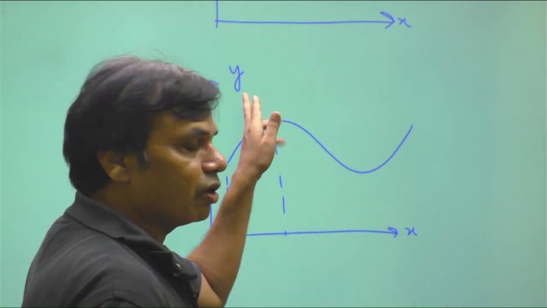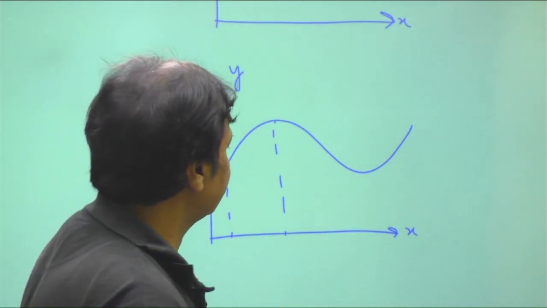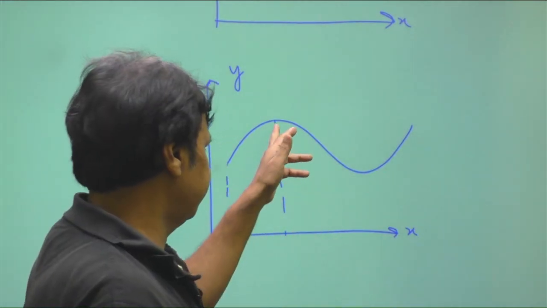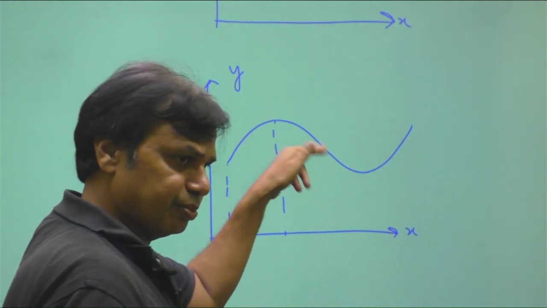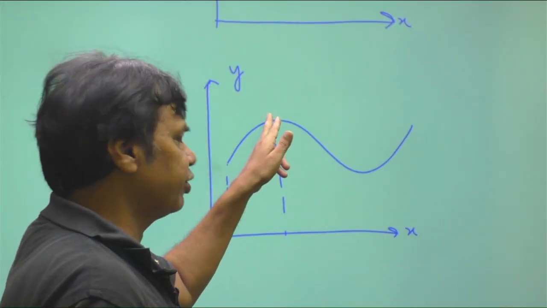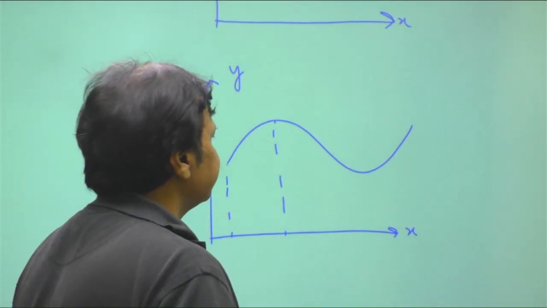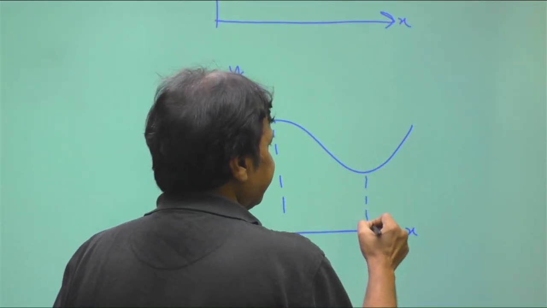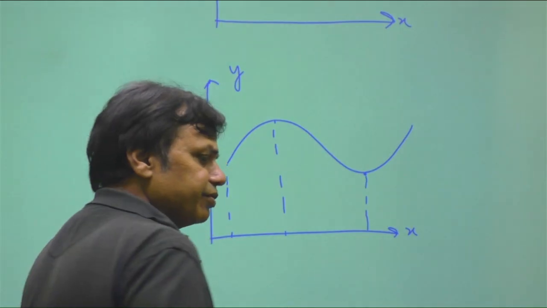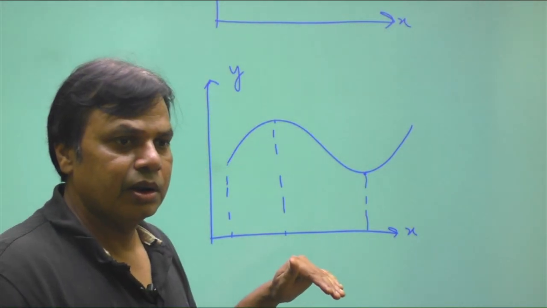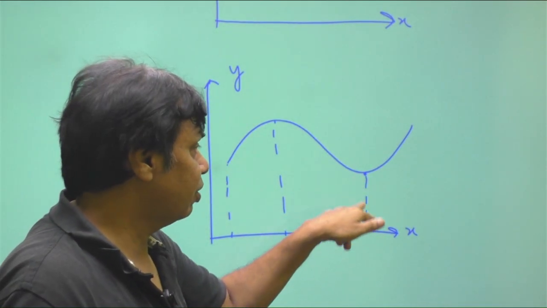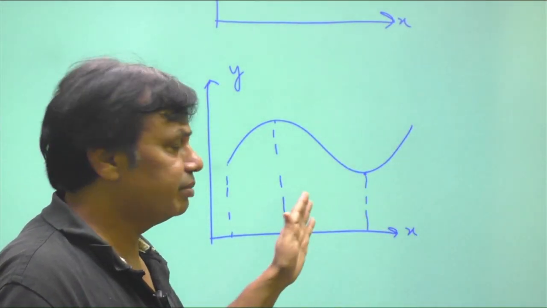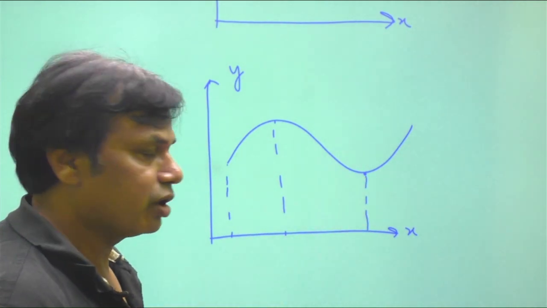This is called the local maxima. It is the topmost point in the vicinity of this point, which is why it is called local maxima. Then I take this local minima point. This point has the least height from the x-axis in the vicinity of this point, so this is called the local minima.